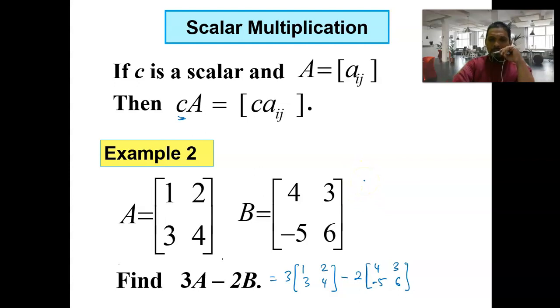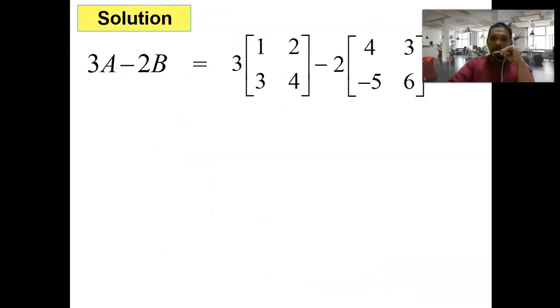Okay, I'll show this solution on the next slide. Okay, there you go. Just imagine that 3 is multiplied with every element inside. 3 times 1 equal to 3, 3 times 2 equal to 6, 3 times 3 equal to 9, 3 times 4 equal to 12.